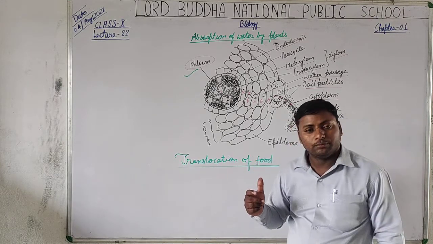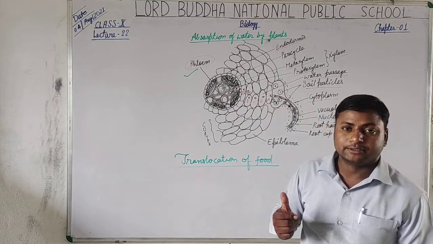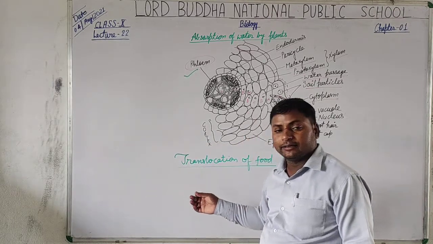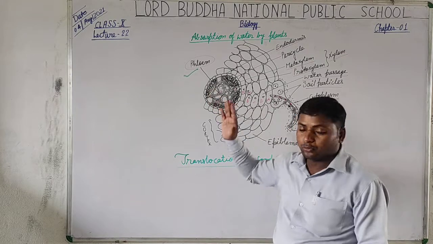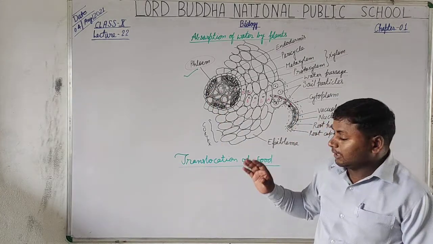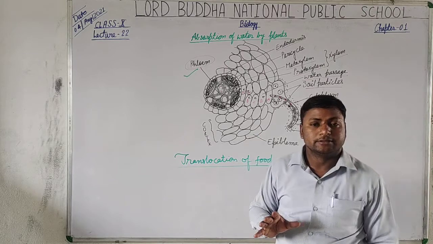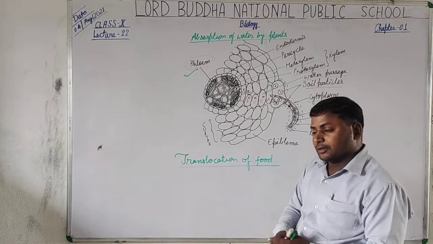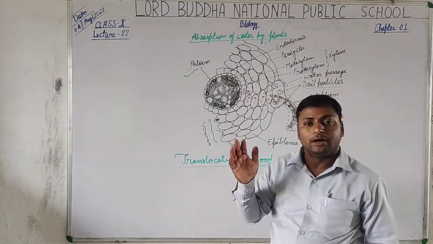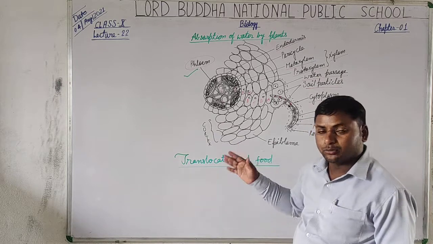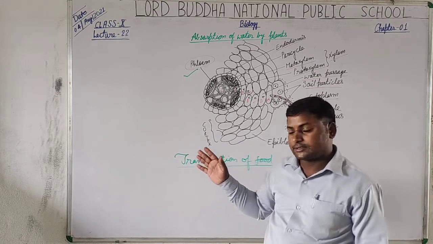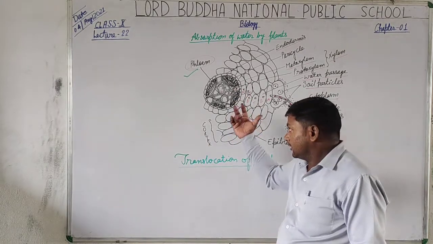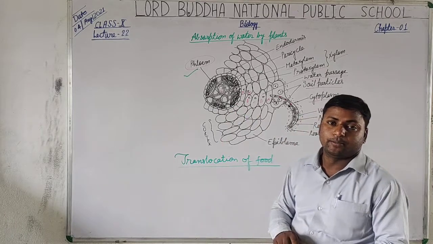The prepared food from the plant's leaves is translocated, or carried, with the help of phloem tissues, and the extra food material is stored inside this vascular tissue, the phloem.